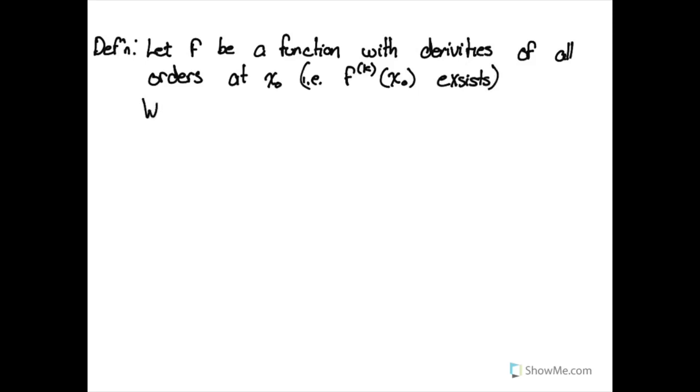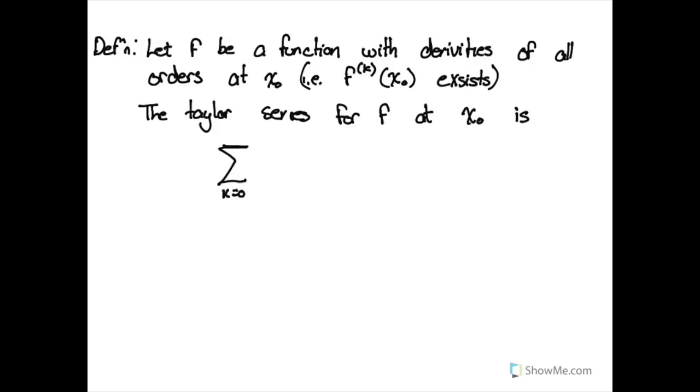Then the Taylor series for f at the point x naught is the power series of the form, sum from k equals 0 to infinity, of the kth derivative of f evaluated at x naught over k factorial times (x minus x naught) to the k.